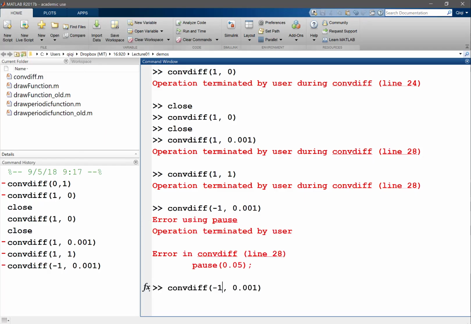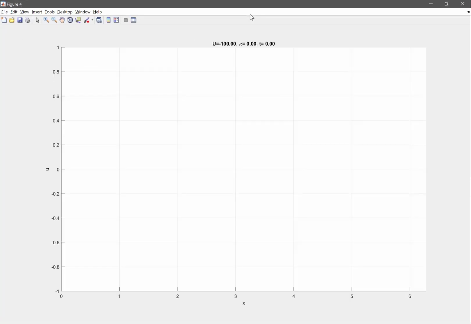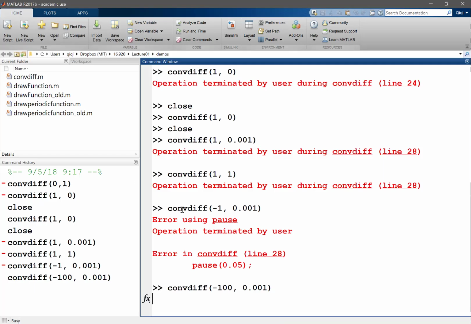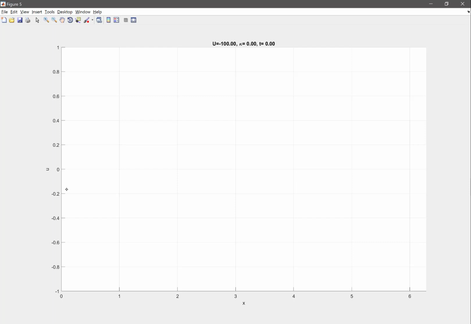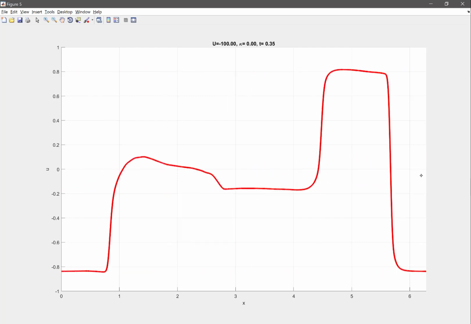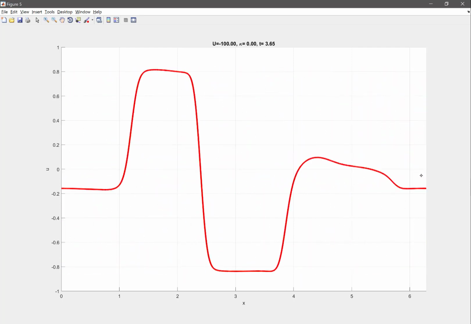If instead of -1, I make it -100, and I try to draw the same thing. Oh, I didn't do it well myself. If I draw something very similar to what is drawn before, like a square wave, I would just see things. Oh, maybe it's too fast. You don't really see.